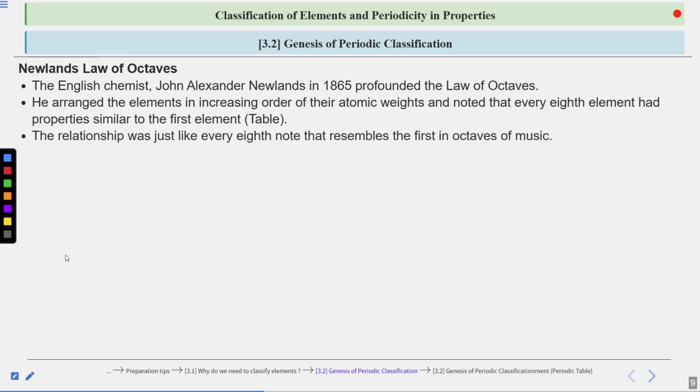So we'll look at this on a table. Then he compared this chemistry with the analogy of musical notes. There are 8 notes, you know. So the relationship was developed in this way, and he named it the law of octaves.